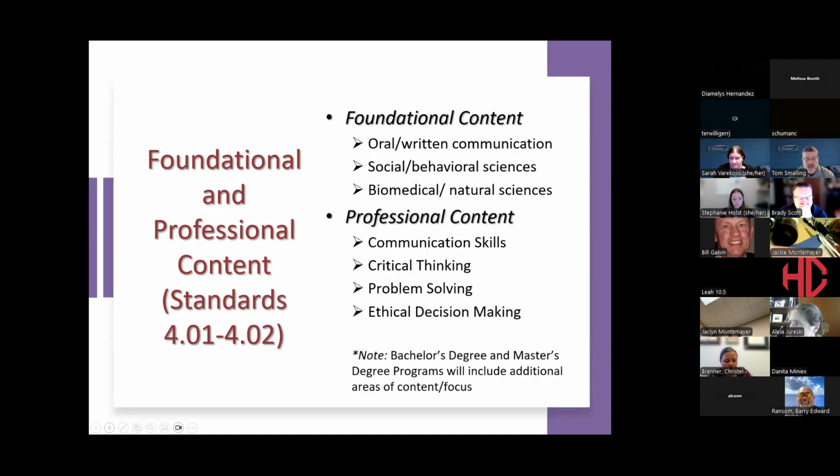Next slide. So what about the curriculum part of it? Well, our Section 4 standards start out talking about foundational and professional content. And you can see elements of the old standards here, because we did talk about the foundational component, the content that provides the base knowledge that you want your graduates to have: oral and written communication, social and behavioral sciences, biomedical and natural sciences.